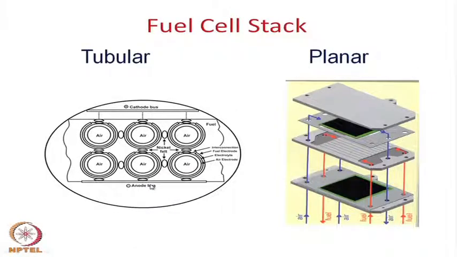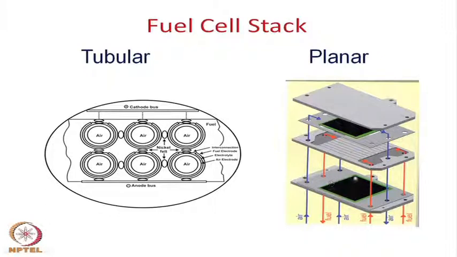Well, going back to the planar design, of course, the stack fabrication is a little complicated. This is the single cell, and this is what we call the interconnect. So, it is basically a stacking of these several plates. Unlike tubes, these are all plates.